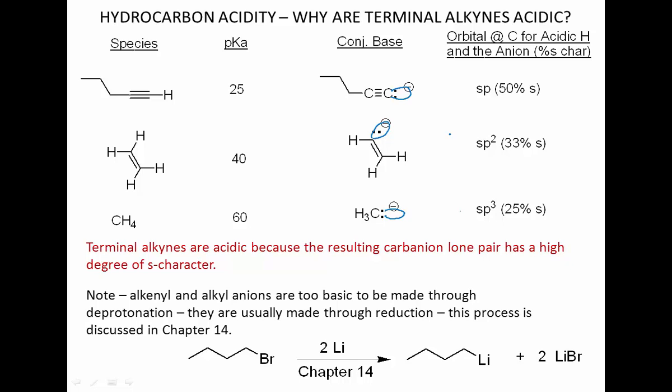So this anion here is in an sp orbital. When we remove the proton from ethylene, we get the vinyl anion shown here, and this is an sp2 orbital for this lone pair. When we remove the hydrogen from methane, which has a pKa of 60, the anion orbital is sp3.